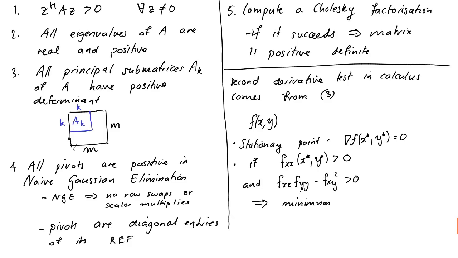Well, that's basically testing the determinants of the two submatrices of the Hessian. For the 2 by 2 case the Hessian looks like this: f_xx, f_xy, f_yx, and those two terms will be equal, and f_yy. The first expression is just that first entry, so that's A_1.